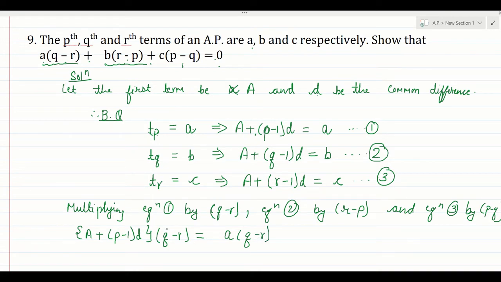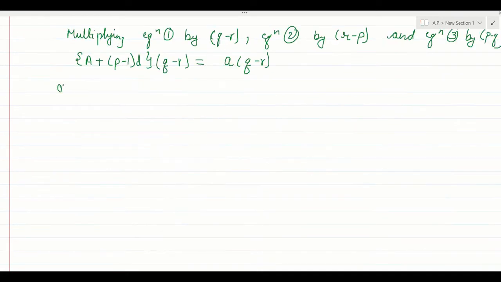Okay, let's simplify this one. This Q minus R will multiply A as well as P minus 1 D. Isn't this? So first of all, this will multiply A, and again this will multiply this term. Is this clear? Okay, let's multiply.